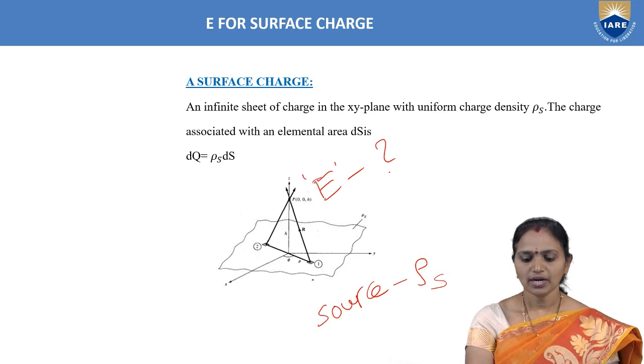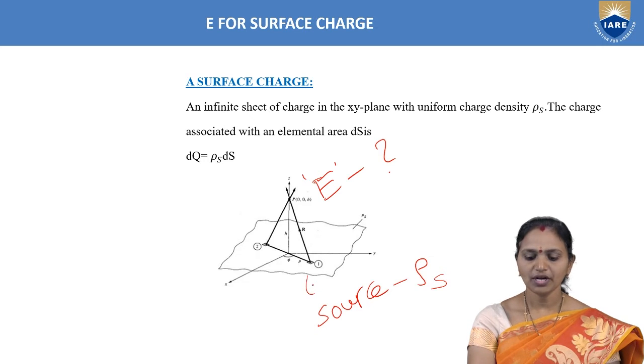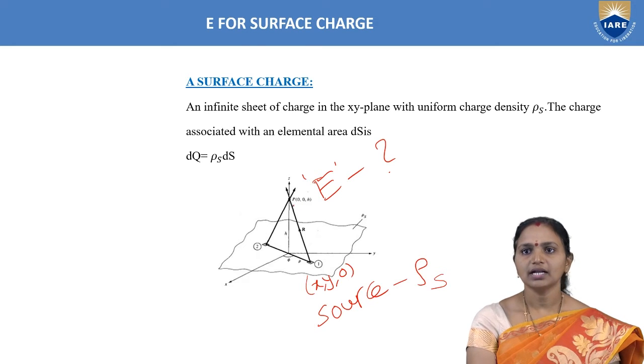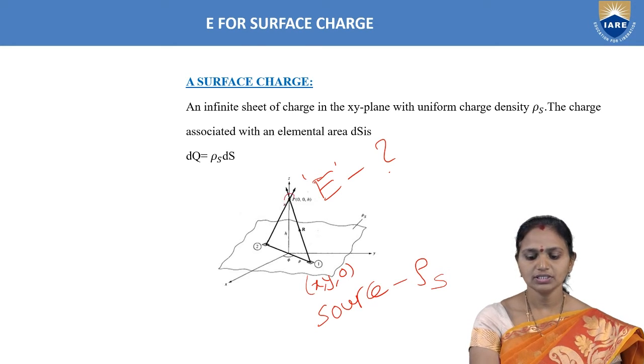Point 1 is in the xy plane, so the point here may be x, y, 0. And now we are trying to calculate the field at point P, which is located on the z axis.